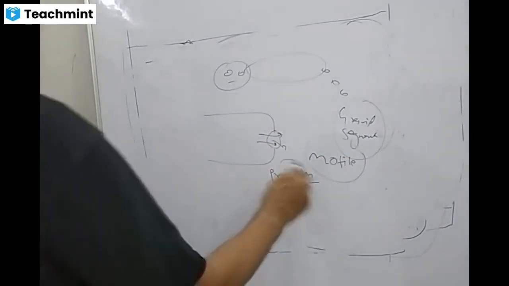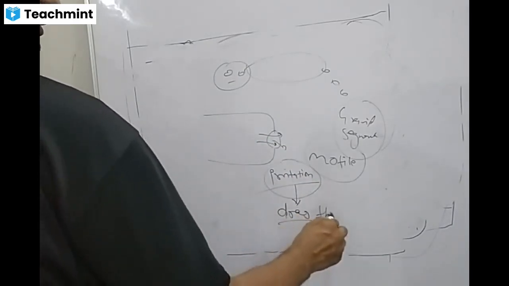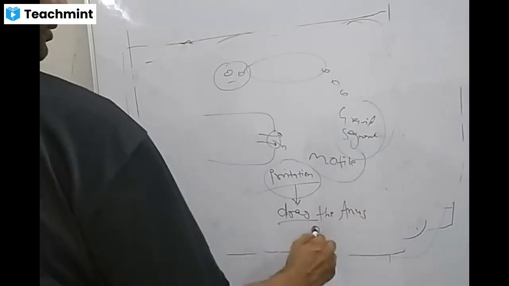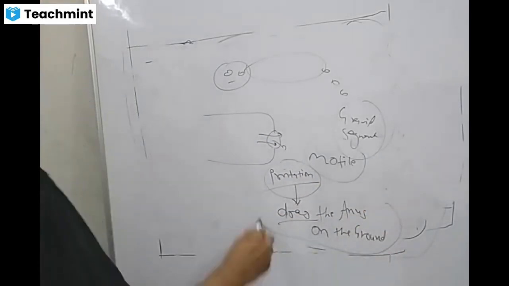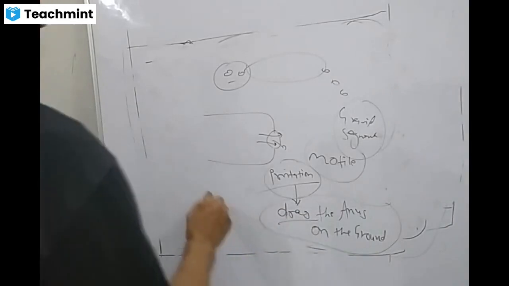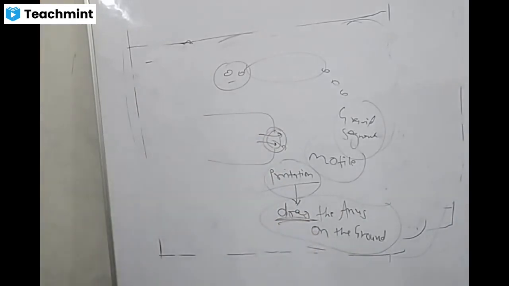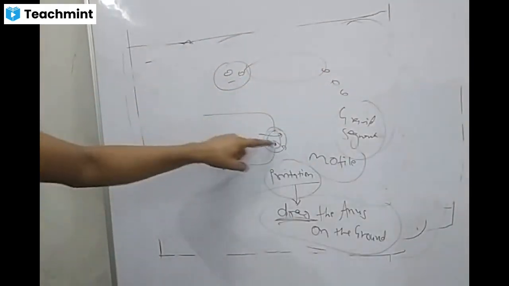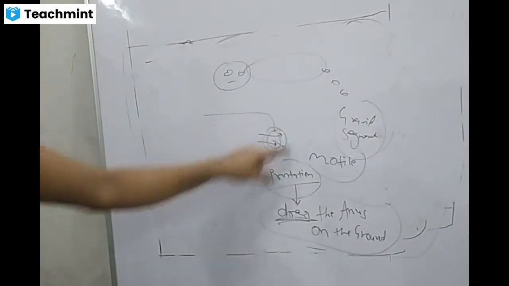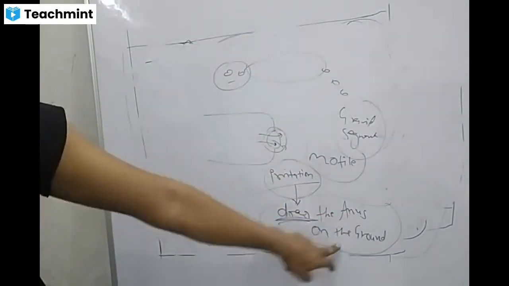Because of this irritation, the animal tries to drag the anus on the ground. So this is the MCQ related with Dipylidium caninum: these gravid segments are motile, and when they come out of the anus, they cause irritation in the perianal region. Because of that irritation, it will drag its anus on the ground.